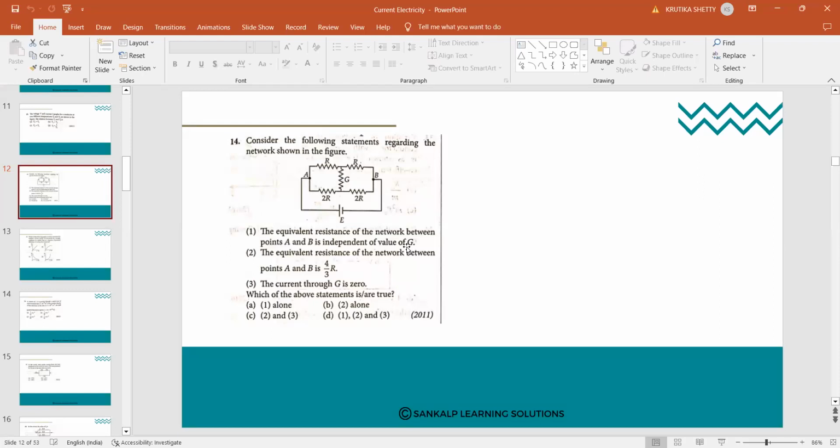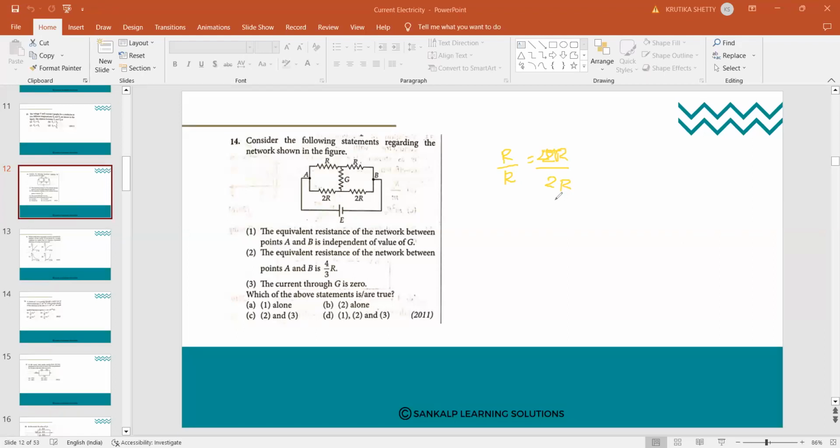So let us see this. See here, for the balancing of this circuit, according to Wheatstone's bridge, R by R is equal to 2R divided by 2R.